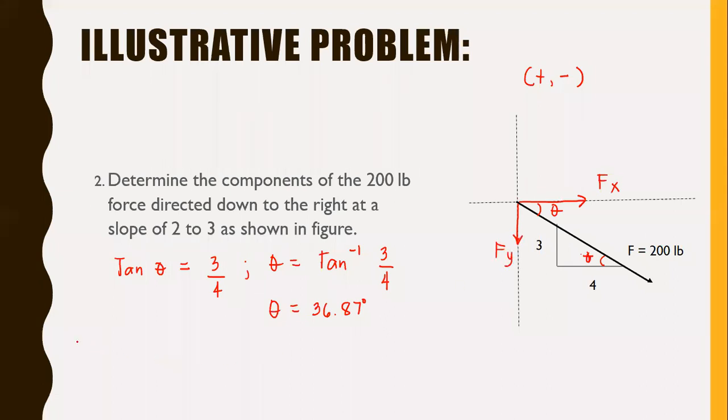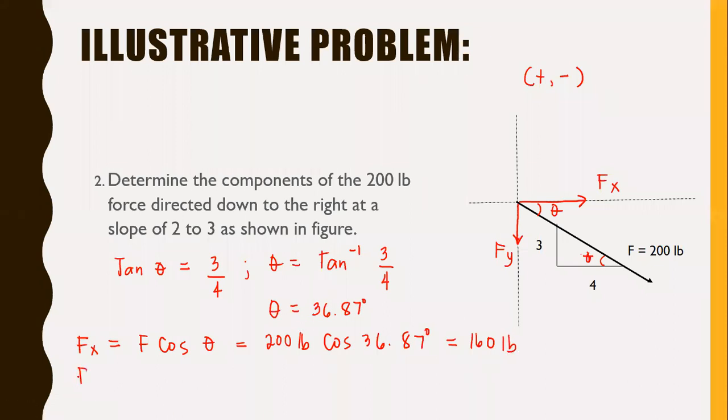Now, for Fx, we have Fx equal to F cosine theta, where F is equal to 200 pounds multiplied by cosine 36.87 degrees. Therefore we have 160 pounds.